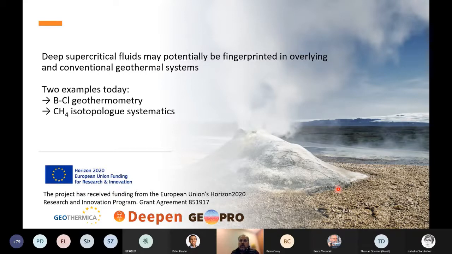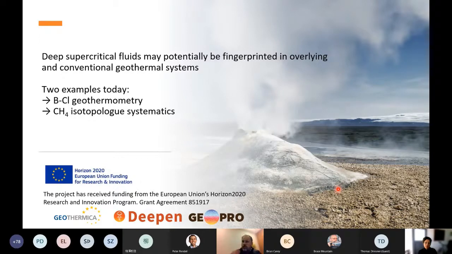And we are focusing on these excess enthalpy boreholes and trying to calculate the formation vapor temperatures, whether it's at the reservoir conditions in the upflow zone of the system, or actually a deep high temperature vapor phase with temperature somewhere between 350, 500, 600 degrees. And we have been trying to apply this boron chlorine geothermometry with some success, at least for Icelandic systems, and then the same for methane isotopologue systematics.